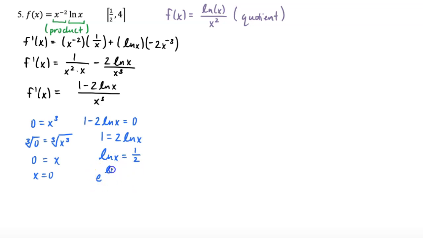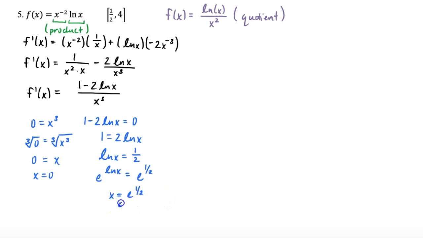So I'm going to have e to the natural log of x on the left, and this is equal to e to the power of 1/2. So I just made both of these my power. Now this is okay because I did the same thing to both sides of the equation. And now on the left, this e and natural log cancel each other out. So I am just left with x equals e to the power of 1/2.